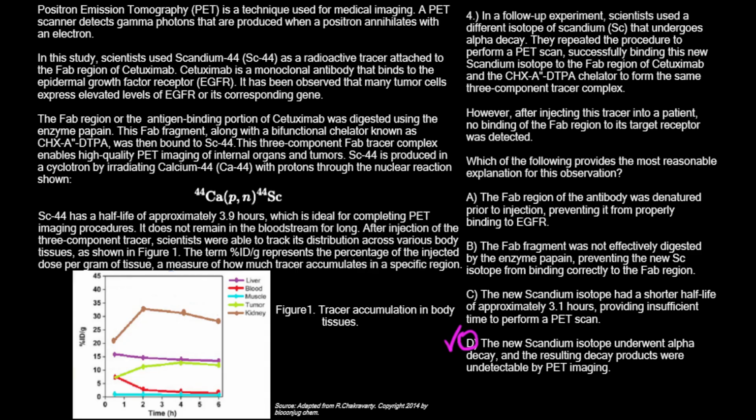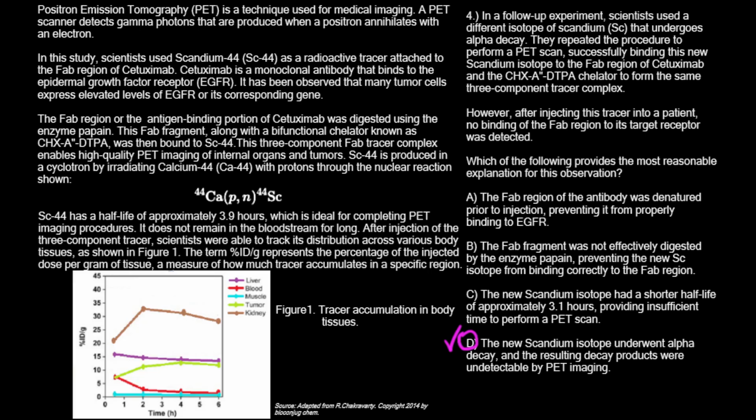Remember from the second sentence of the passage that a PET scanner detects gamma photons released when a positron annihilates with an electron? That means PET detection relies on positron emission, not alpha decay. So in this case, the new isotope of scandium undergoes alpha decay, so it produces a helium 4 nucleus, it does not produce a positron.